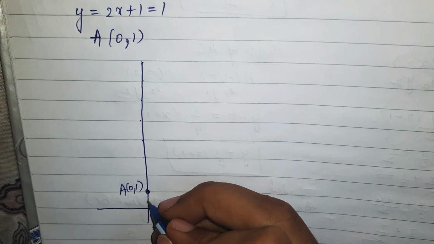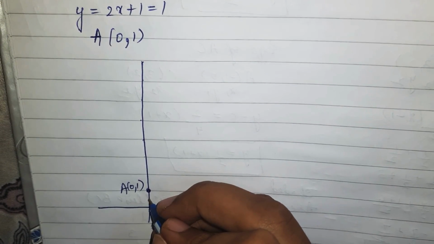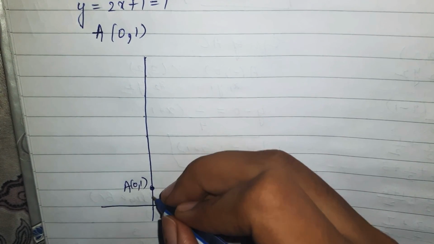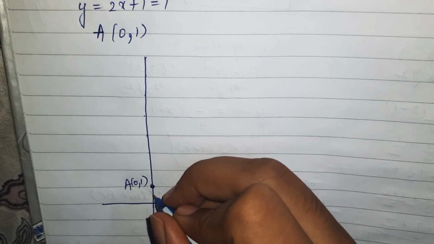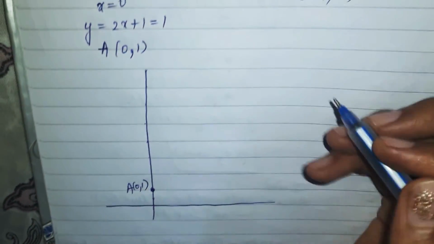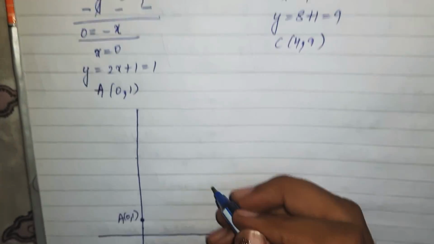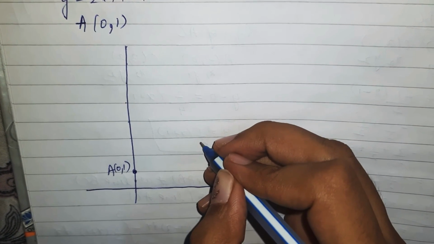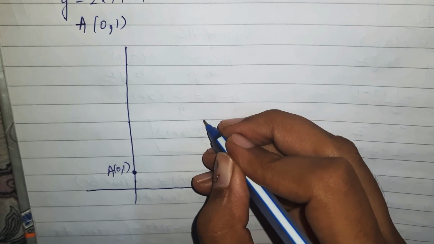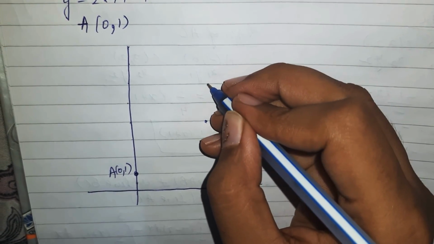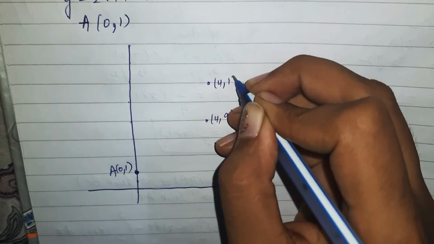So I need to take little bit here only, because I am taking rough. So do not think that why I should take one here, then only it will go on, because I am not able to extend the line. So just imagine that you will be getting 4 somehow here, and this will become your 4 comma 9, just the approximate, and you will be getting 4 comma 13 here.